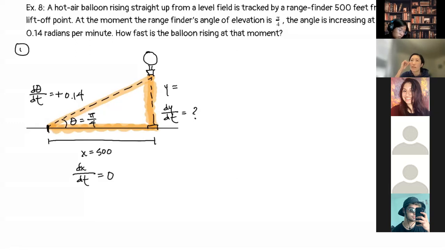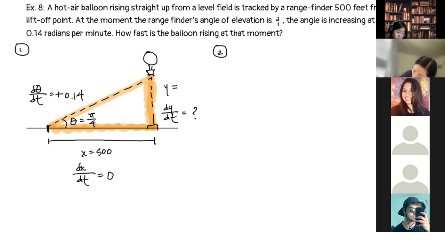What formula might I want to use here? What formulas do we know that relate an opposite side of an angle to an adjacent side of an angle? Tangent, yes. That thought process right there, that is how we figure out which equation to use.